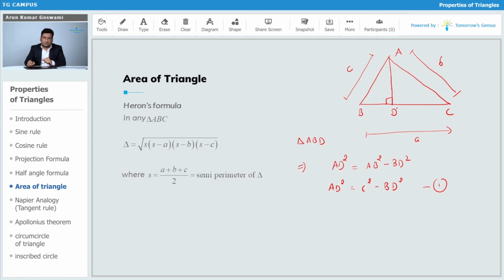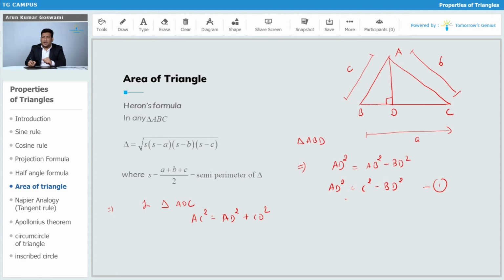Now what we have here is another triangle, ADC. So in triangle ADC, again we'll use Pythagoras. AC square is nothing but AD square plus CD square.